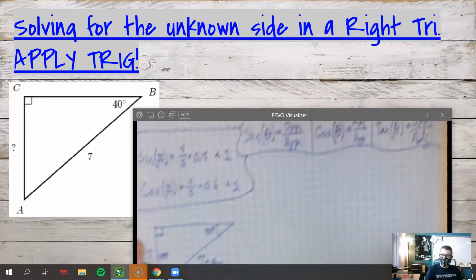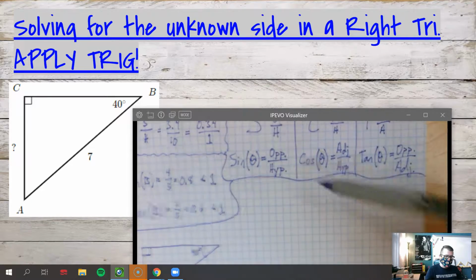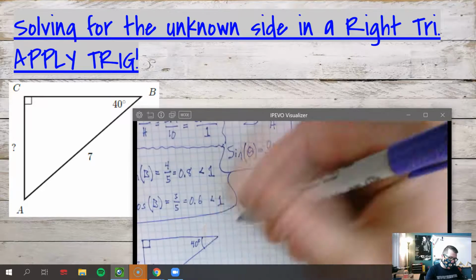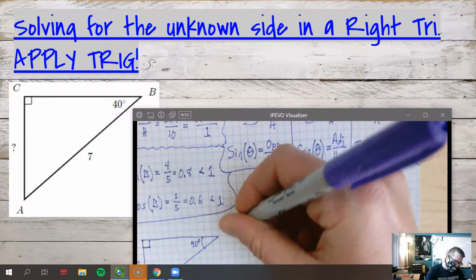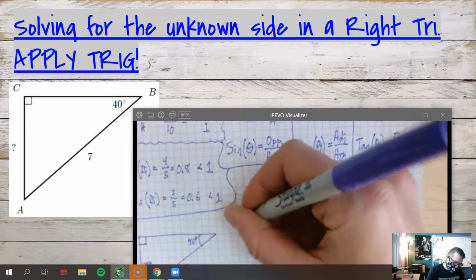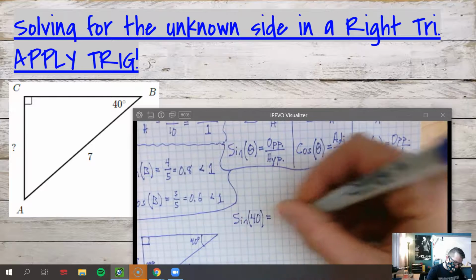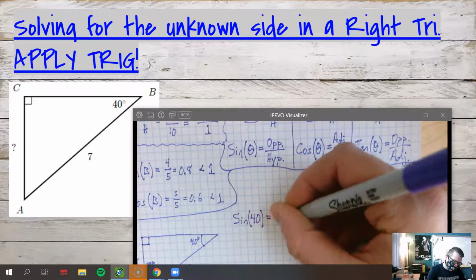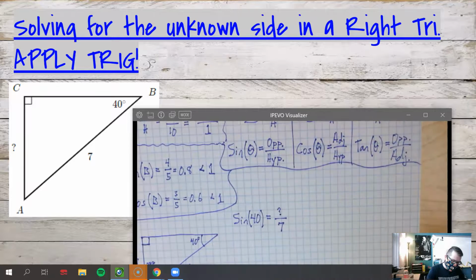Go back and check your SOHCAHTOA. Opposite and hypotenuse is used by sine. So here's what we're going to set up. Sine of 40 is equal to that opposite side, we don't know it, over the hypotenuse.